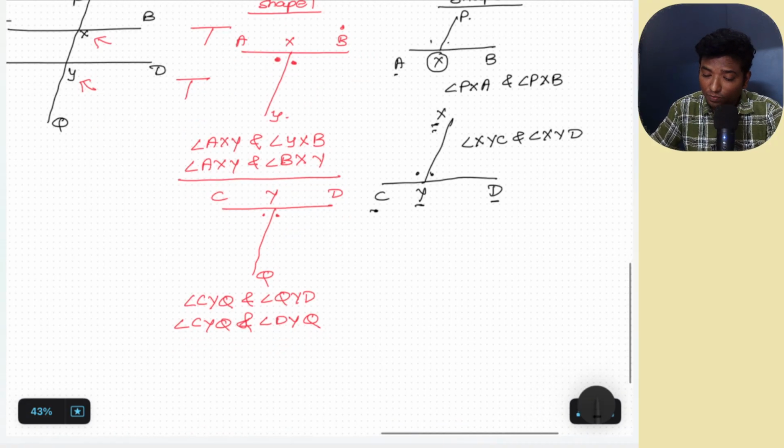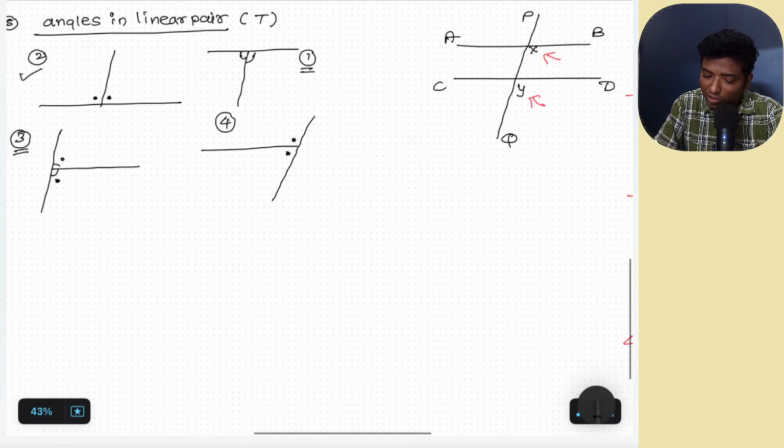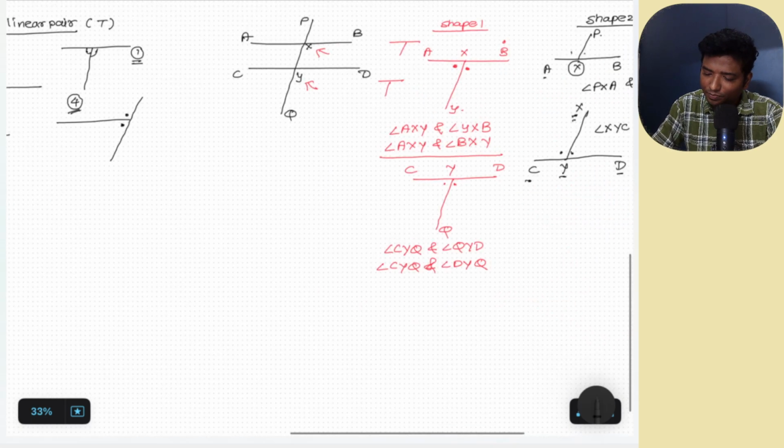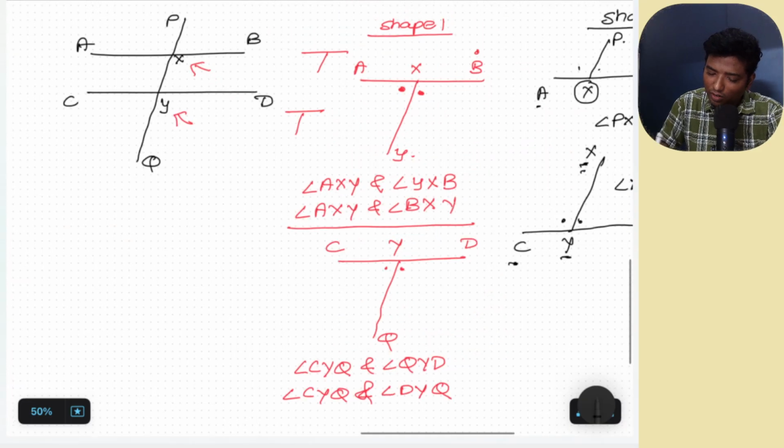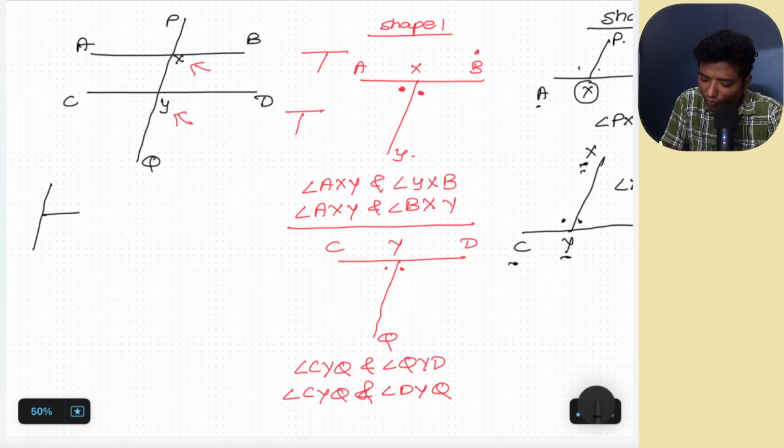So now what I will do is I will keep shape number 3 and 4 for you. Just giving the hint, you can find by yourself on the left side T. There is another left T just below of it. So please try by yourself for shape number 3.